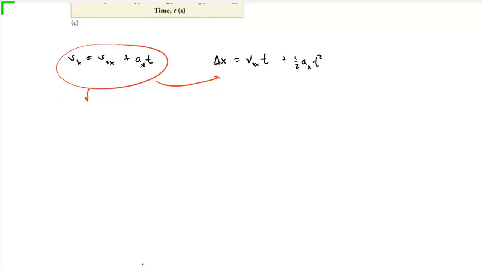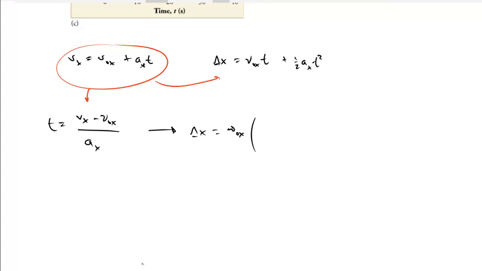So solving this one for time, we have time is equal to vx minus v naught x divided by ax. Right? And so then plugging this into here, we have delta x is equal to v naught x times (vx minus v naught x) over ax plus 1/2 ax times (vx minus v naught x) over ax, squared.